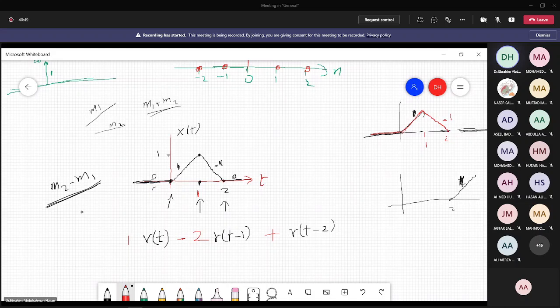So then it is 1 minus 0, so it is equal to 1. The second one is -1 minus 1, which is equal to -2. Then here it is 0 minus -1, so it is +1.